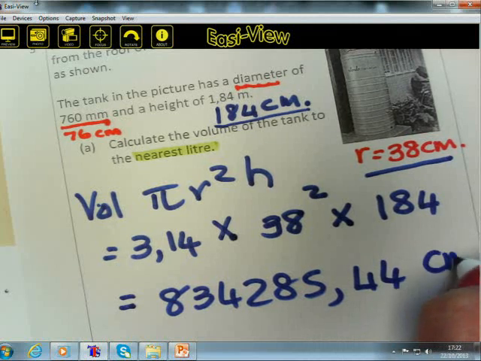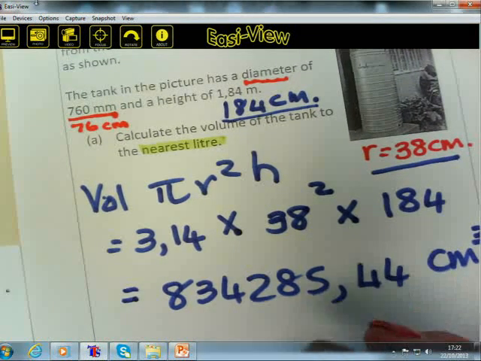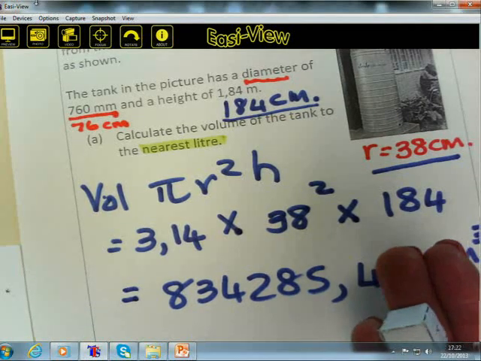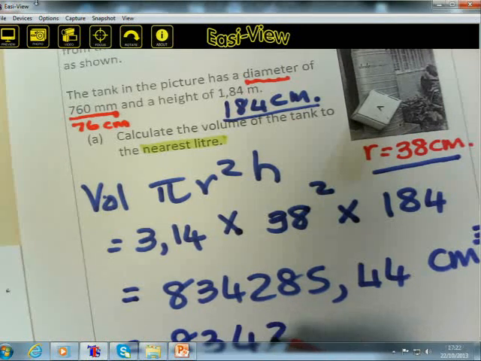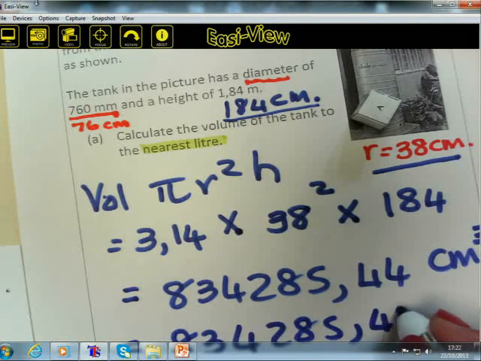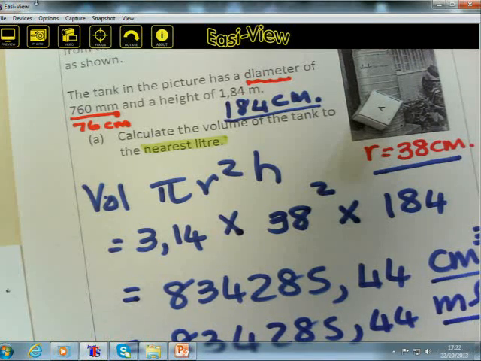834,285,44 cubic centimeters. So it is 834,000 of these things. So it's exactly the same as 834,285,44 milliliters. Can you see the same?